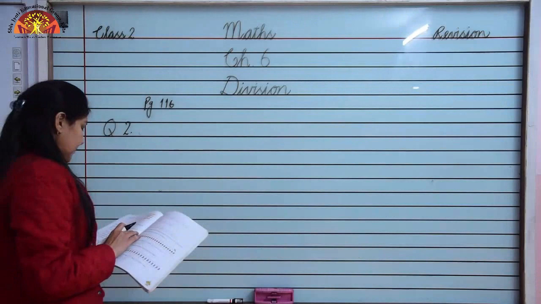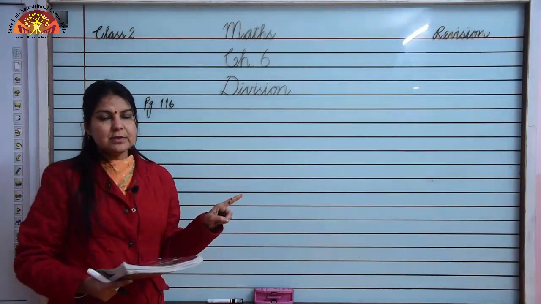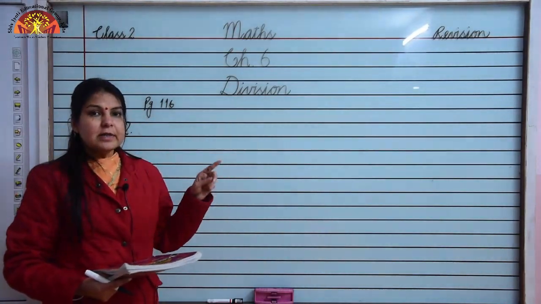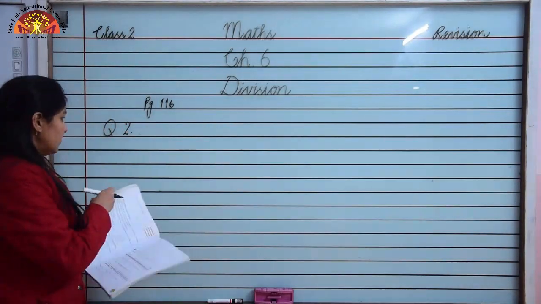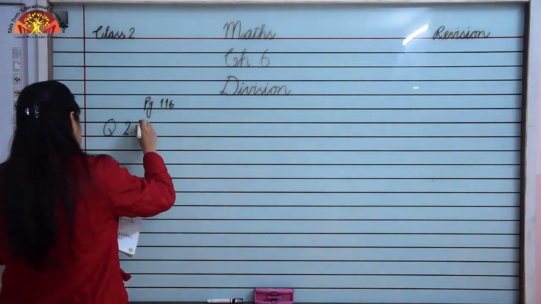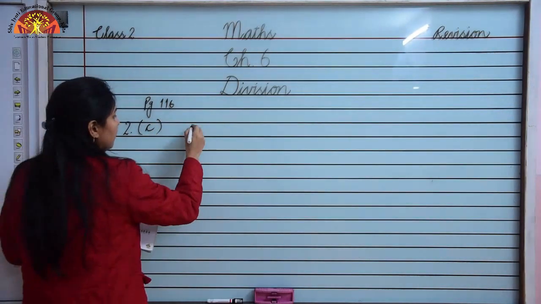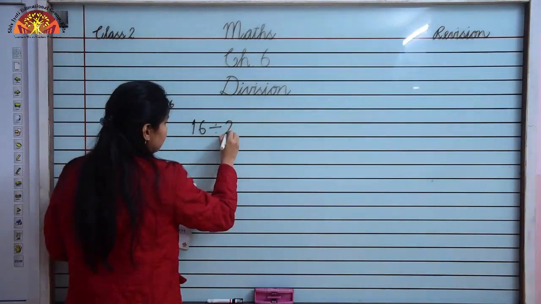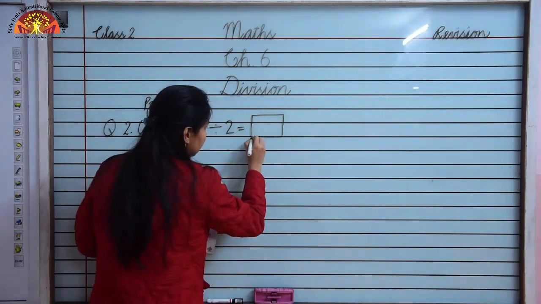So children, as you know, when we distributed pastries among 3 children, we were actually subtracting the numbers from there. So let's see this here. We will see the C part of this.